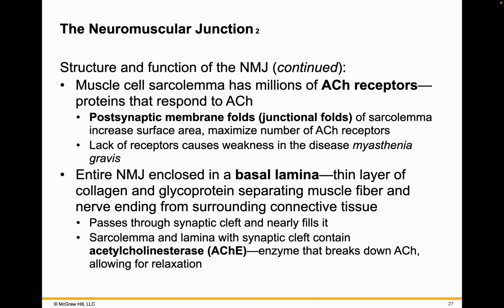The entire neuromuscular junction is enclosed in basal lamina, which is a thin layer of collagen and glycoproteins separating the muscle fiber and the nerve ending from the surrounding connective tissue. It passes through the synaptic cleft and nearly fills it. The sarcolemma and the lamina within the synaptic cleft contain acetylcholinesterase, an enzyme that will break down acetylcholine, and that will allow for relaxation of the muscle.